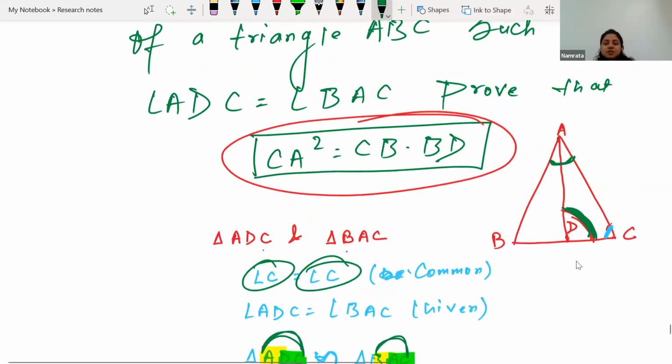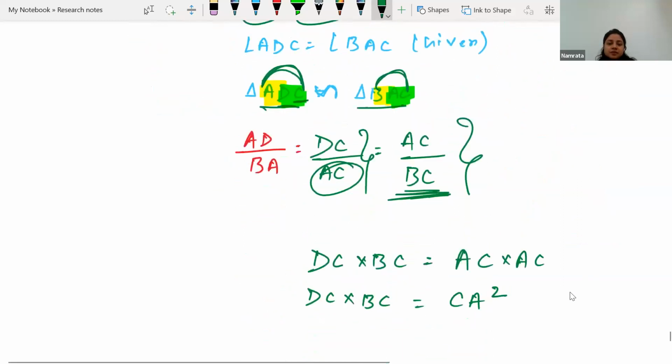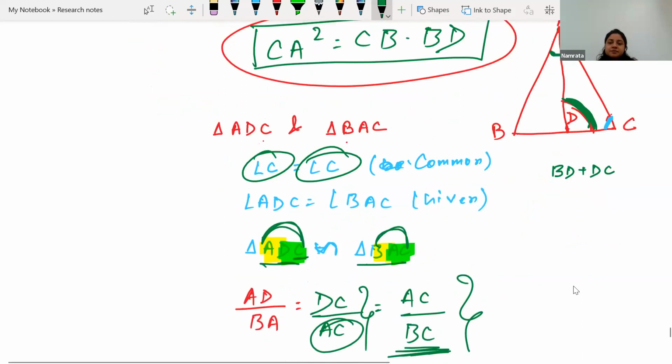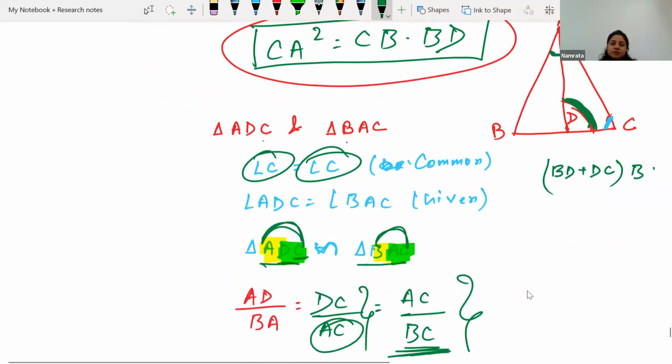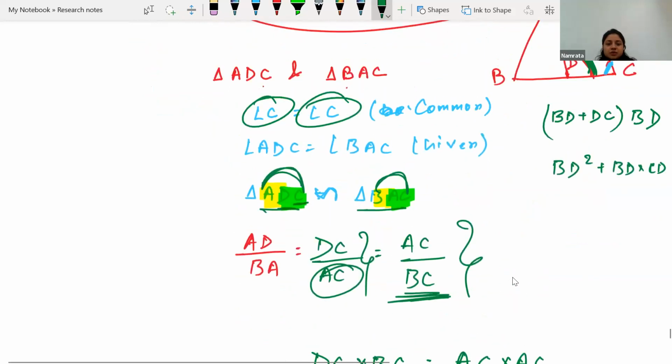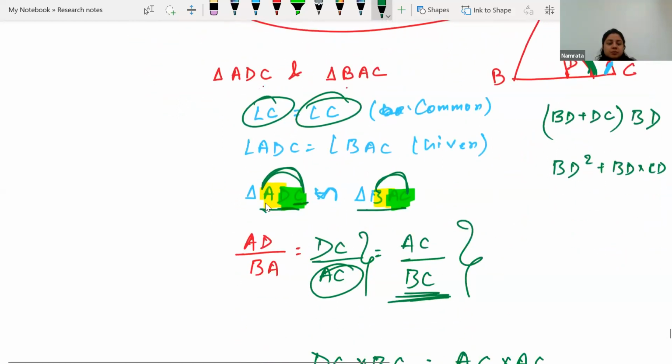Let's see what is DC, BC. DC and total BC. So BC we can write as BD plus DC, but here plus is not there. So BD square plus BD times CD. From these two ratios, we are not getting AD. Have we taken the proper sequence?